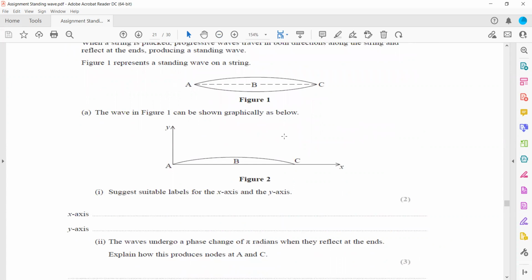Suggest suitable labels for the x and y axes. So what are the labels for standing waves? The x-axis is representing the distance and the y-axis is representing the displacement.